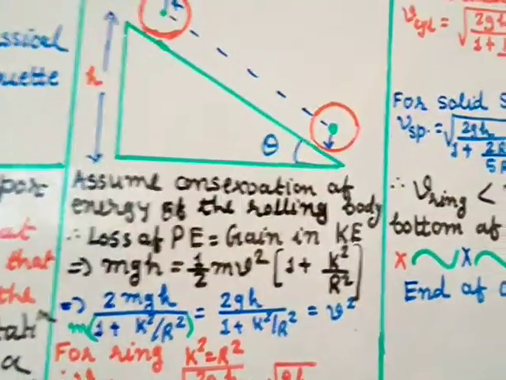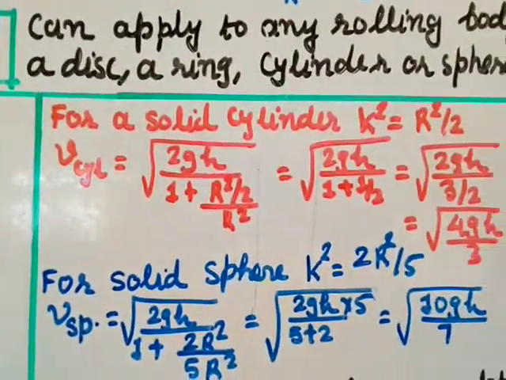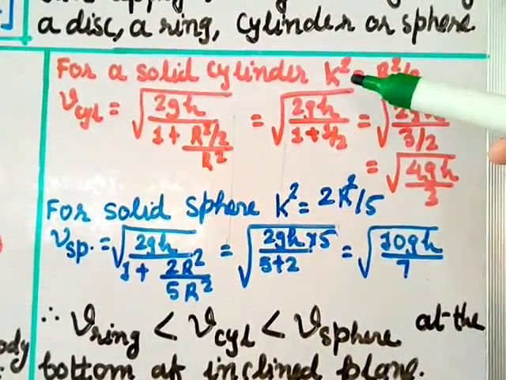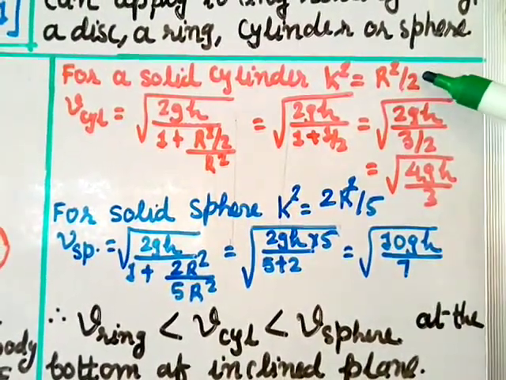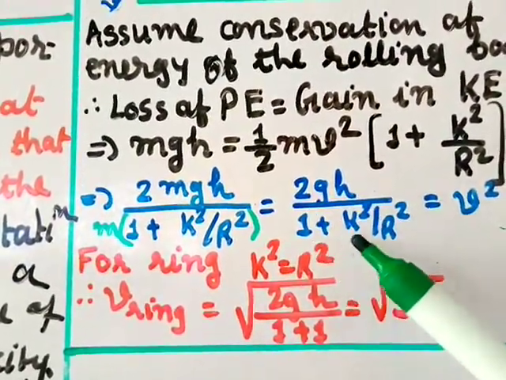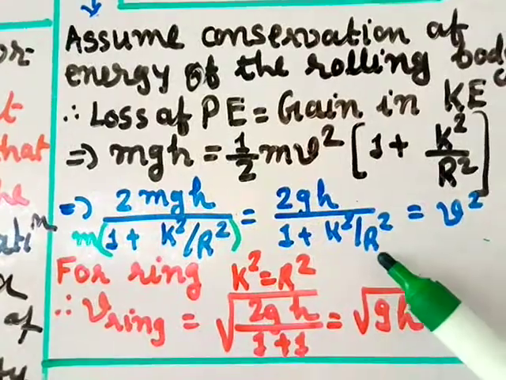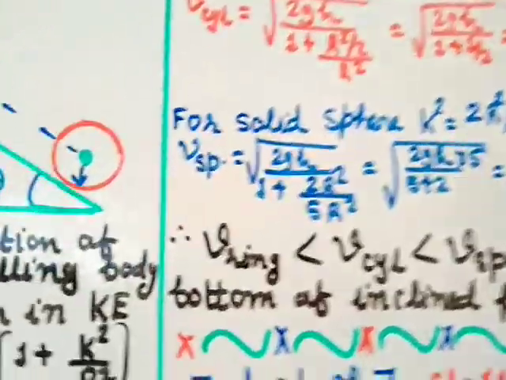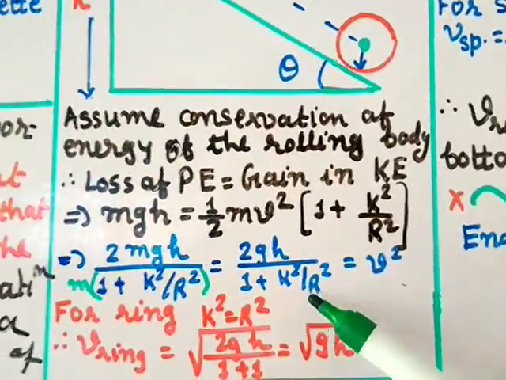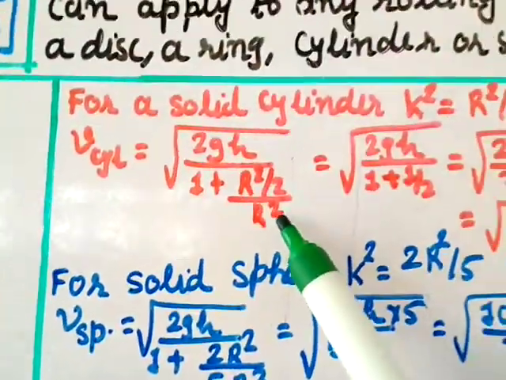Okay, next the velocity for a solid cylinder. For the solid cylinder, the radius of gyration k square is equal to r square by 2. So I'll put here 2gh by 1 plus, instead of k square, r square by 2 divided by r square, right? The denominator r square remains as it is, so r square and r square you can cancel out, right?